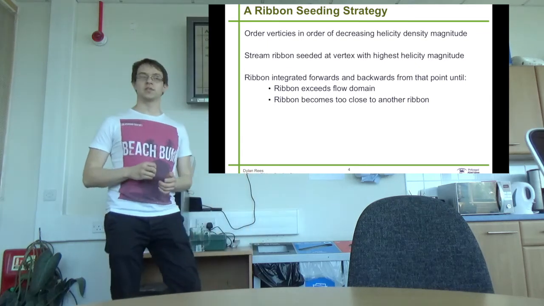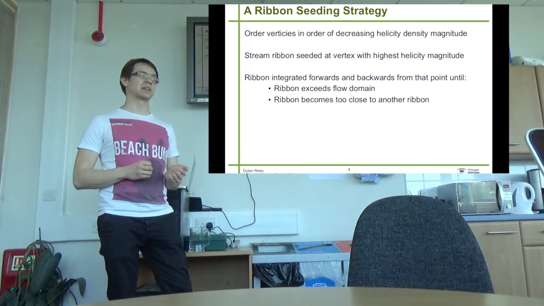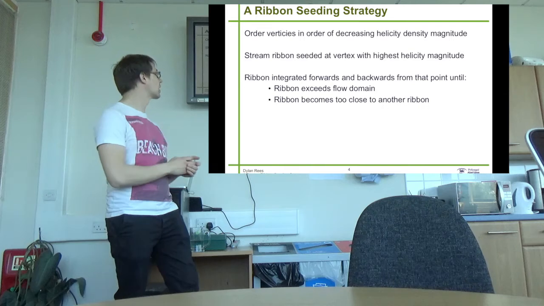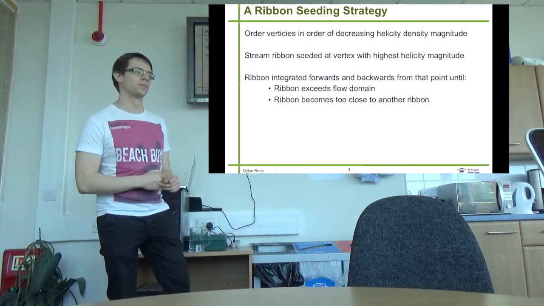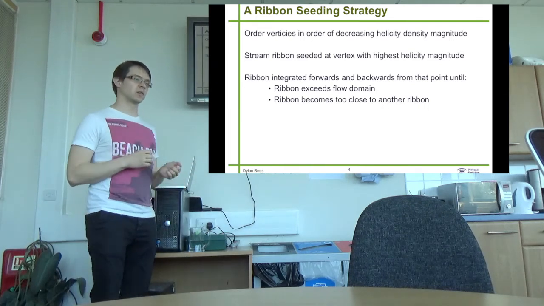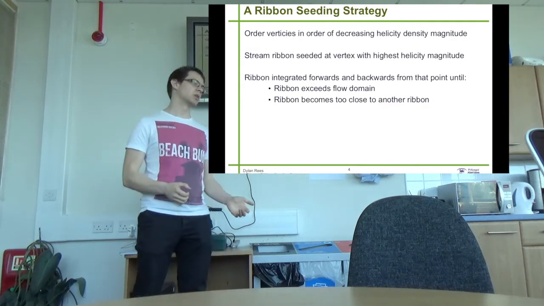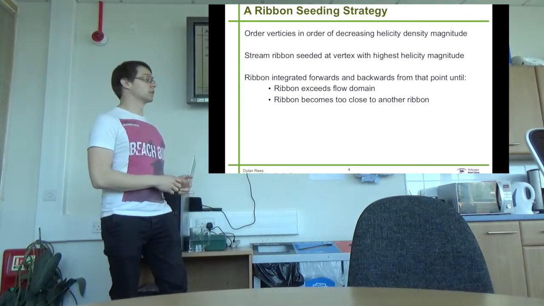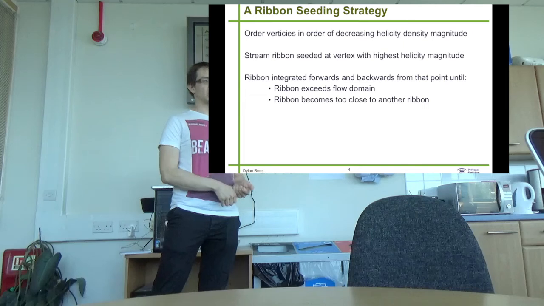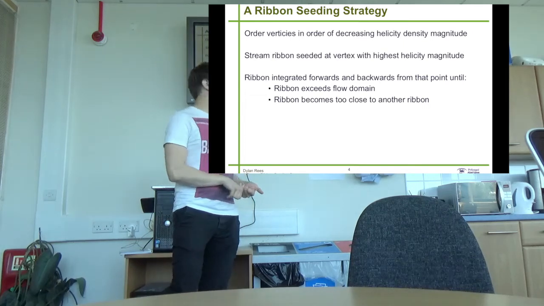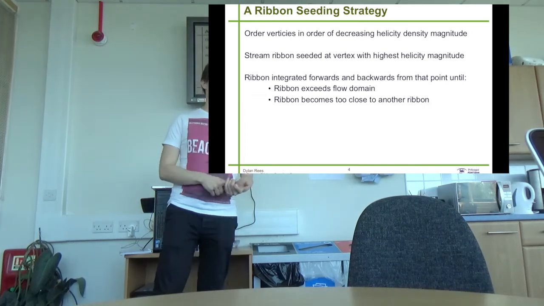We take the vertex with the highest helicity density magnitude and use this as our seeding point for our first ribbon. This ribbon is then integrated forward and backwards using whatever method you prefer, Euler or Runge-Kutta, until either we reach the boundary or we hit a sink or a source.